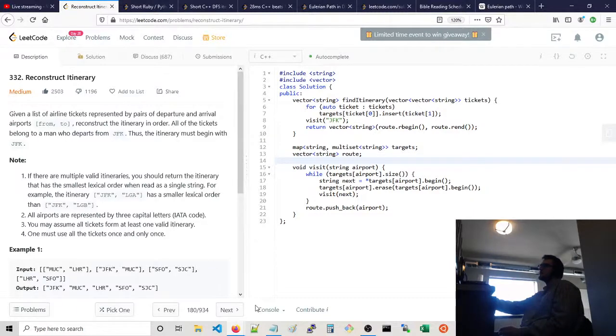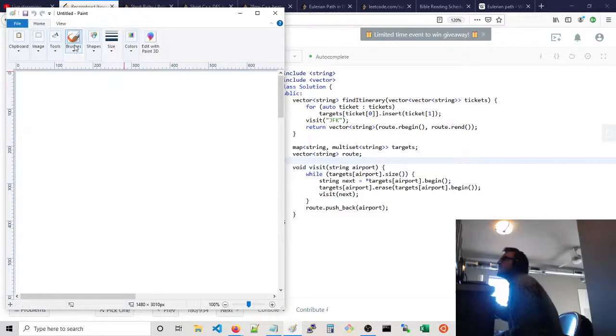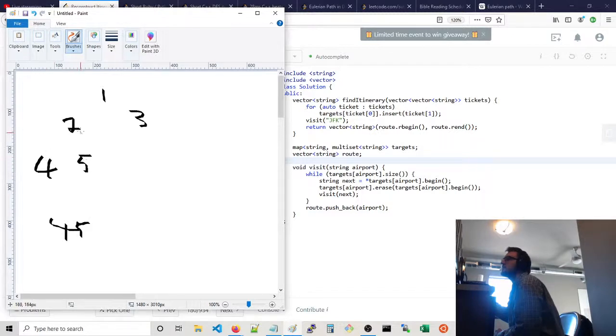If we do a post order traversal of a tree, if you said just 1, 2, 3, 4, 5, the post order traversal is going to write 4, 5, left, right, 2, and then 3, and then 1.